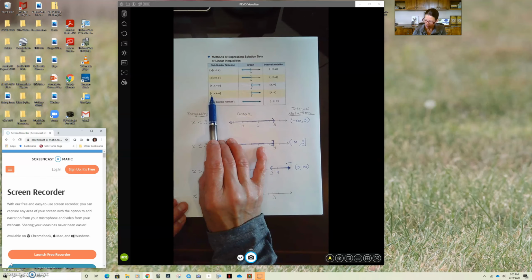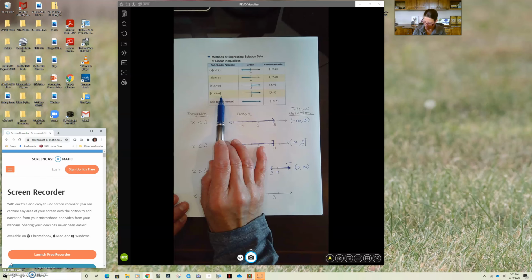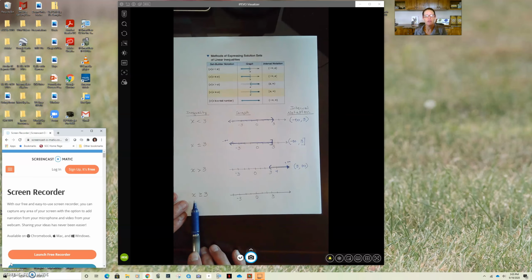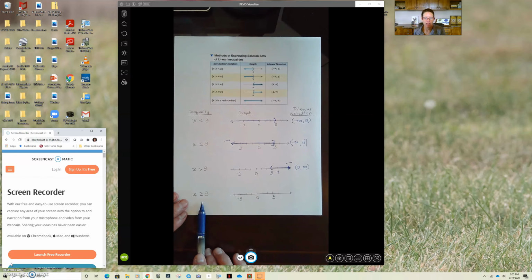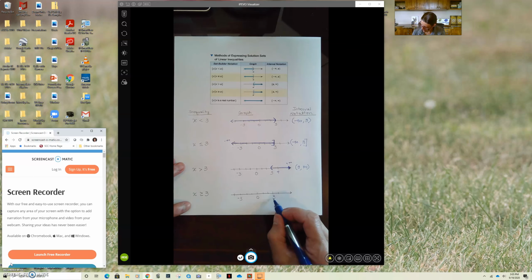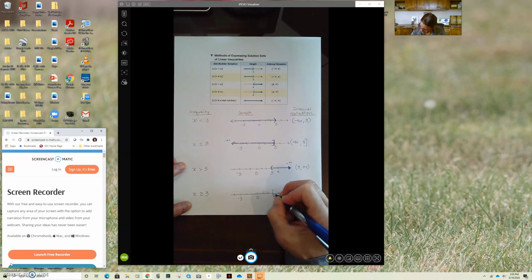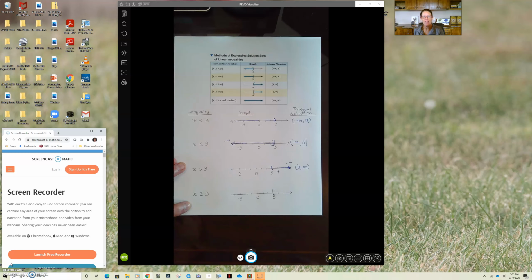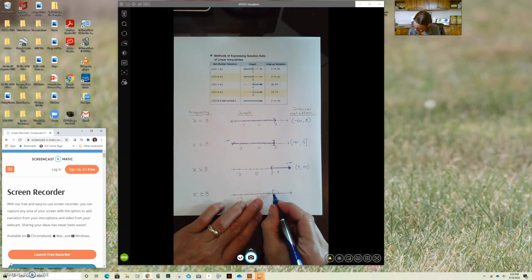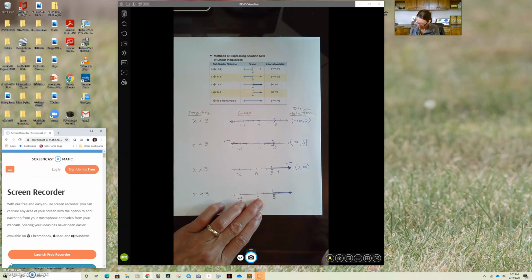Lastly here, all x such that x is greater than or equal to a. I'm going to use the example all x greater than or equal to 3. Find 3, we get to include the 3, therefore bracket, showing that it is included. Then values greater than 3 and to the right.